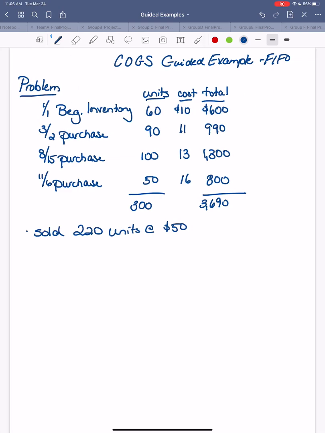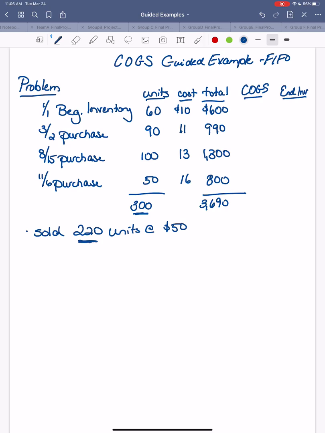Okay, so with FIFO, what you need to remember is that the first ones that we bought are the first ones that we sold. All right, so we know we've sold 220 units of the 300 units I have available for sale. So I'm going to start at the top and start moving into cost of goods sold. I'm going to put a column here for cost of goods sold, and a column for ending inventory.